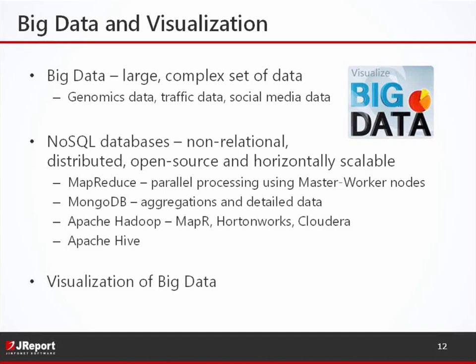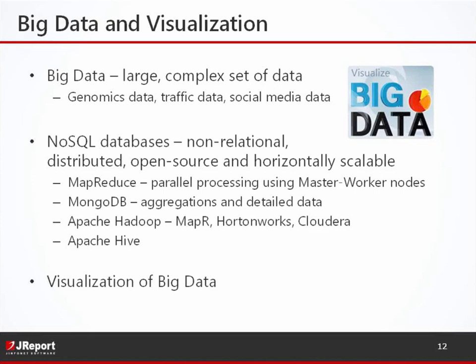So JReport supports all kinds of databases. It supports MongoDB, where we are able to pass both aggregate and detailed information. For aggregate information, we have built a native connector especially for MongoDB that connects and speaks to MongoDB's proprietary aggregation framework API.